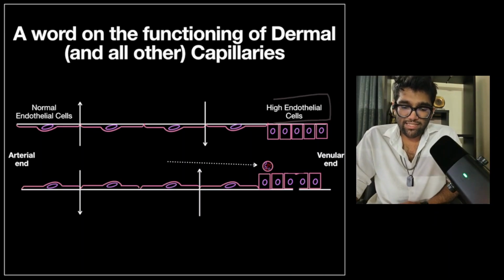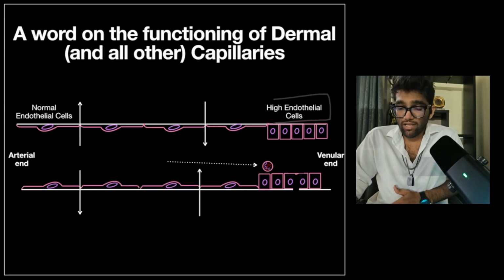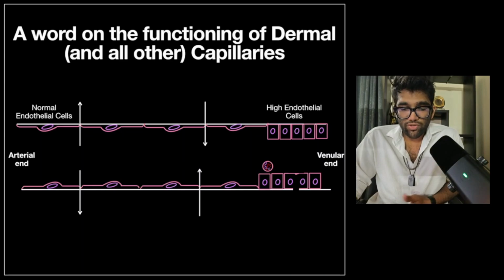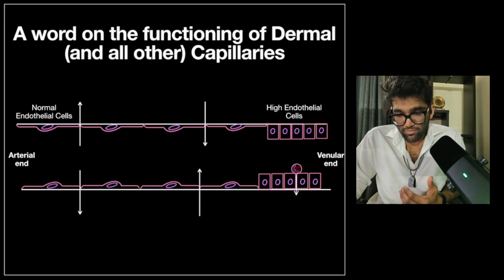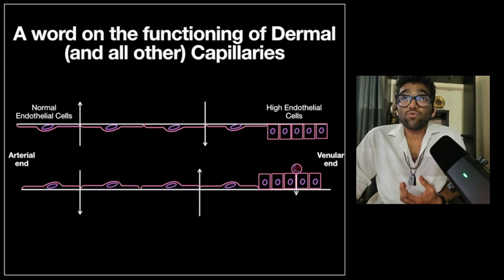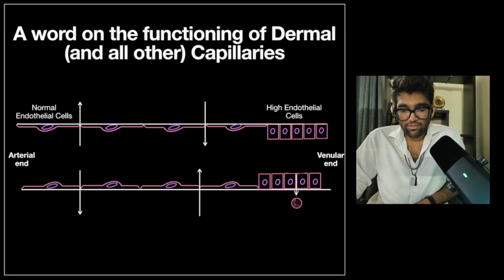But essentially, these are the endothelial cells that interact with circulating inflammatory cells and allow those cells to enter into the extracellular matrix surrounding the blood vessel. So this neutrophil interacts with this high endothelial vessel. Then it moves across the endothelium through a process called transmigration and eventually reaches the extracellular space. So this is how a normal dermal capillary functions.